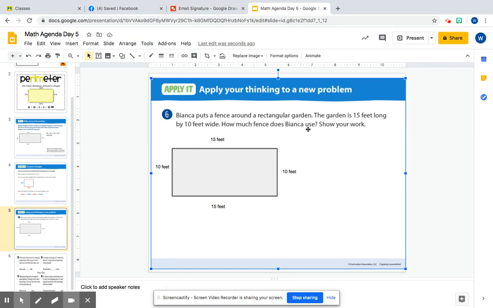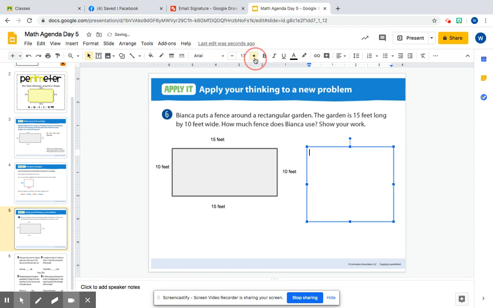So it wants to know how much fence does Bianca use. So we need to find the perimeter. In order to find the perimeter, we have to find the rim. How much is on the edge? So we're going to do it the same way we just did. We're going to create an equation, add our numbers together, and that'll tell us the perimeter.